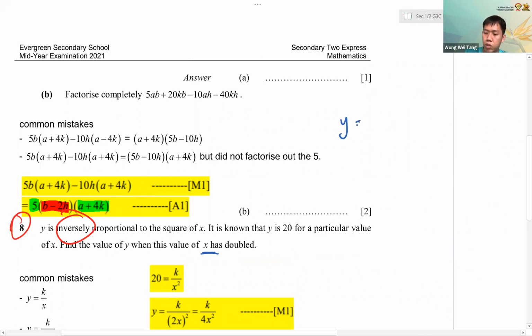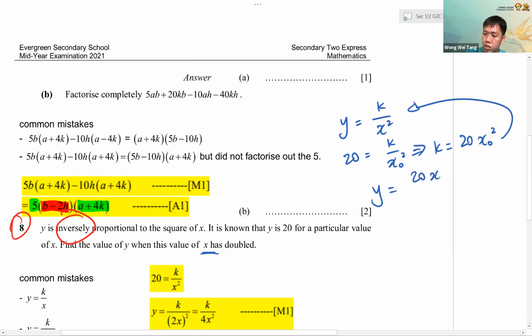So y equals k over x squared. We know that y is 20 at x naught, so k equals 20 times x naught squared. Update the formula: y equals 20 x naught squared over x squared.